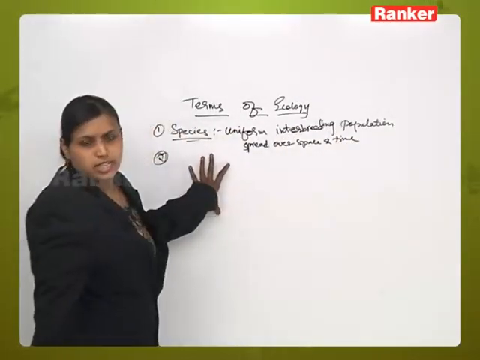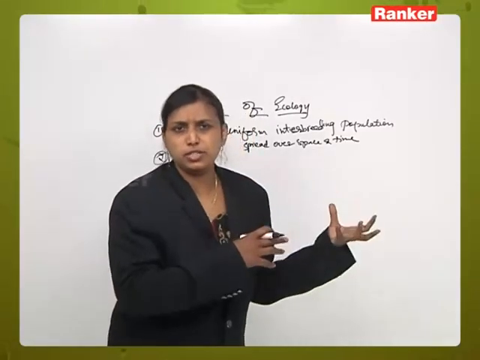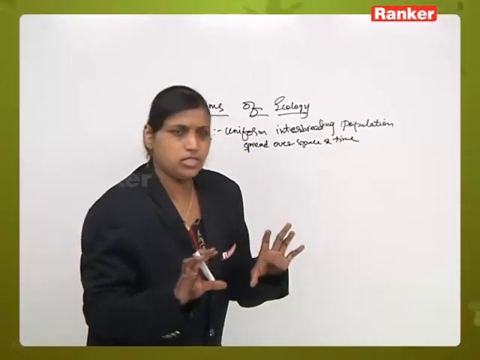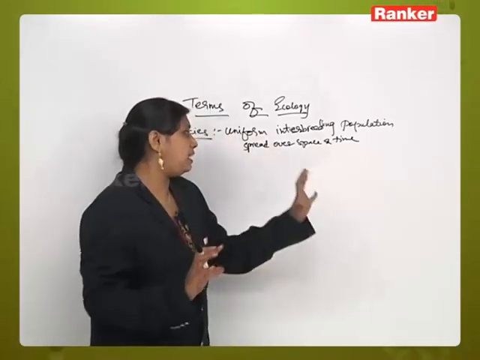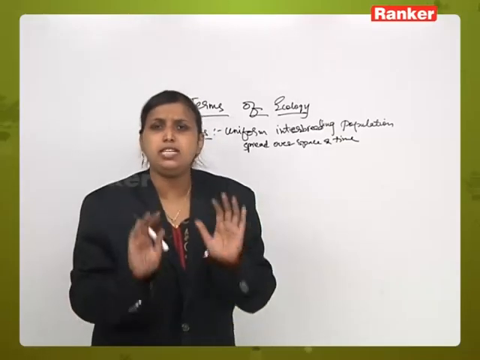Myself is a species, animal species, plant species, right? So a uniform interbreeding population spread over space and time is called species.